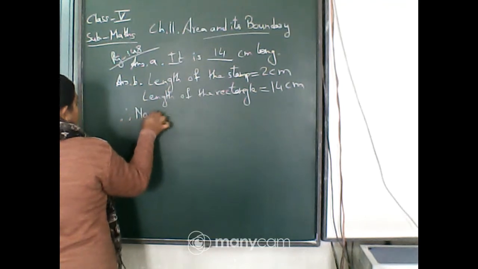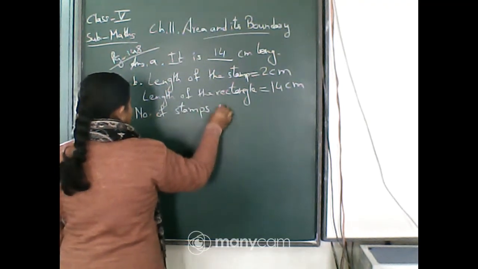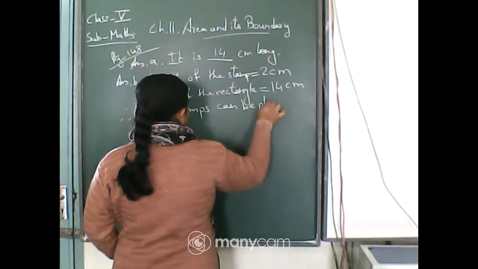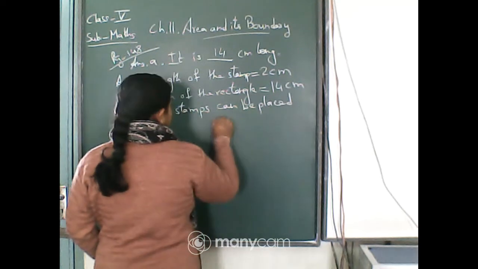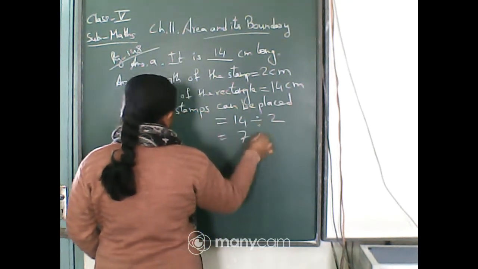Therefore, number of stamps that can be placed along its length is 14 divided by 2, that is 7.